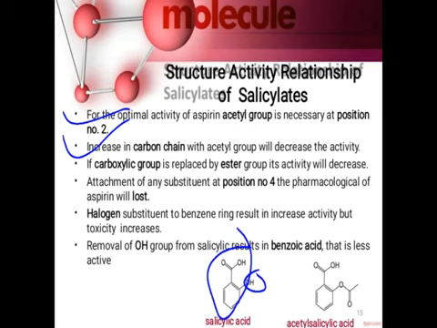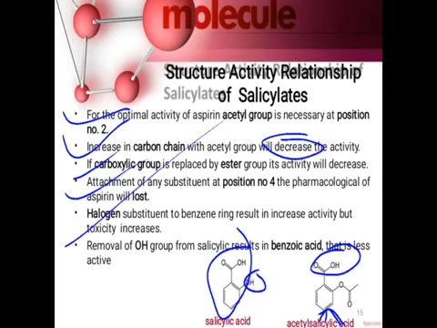The acetyl group consists of a single CH3 group; if its length increases, the activity will decrease. Third, if the carboxylic acid is converted into ester form, its activity will decrease. Any attachment at the fourth, para position will lose activity. Halogen substitution gives better activity but also increases toxicity. Finally, if we remove the hydroxy group, it results in only benzoic acid, which has activity but is less active than the other salicylic acid derivatives.